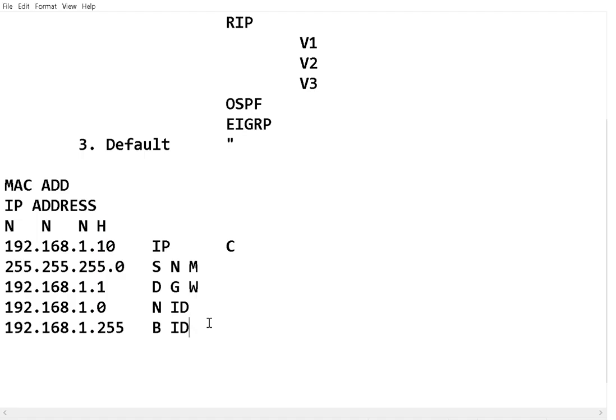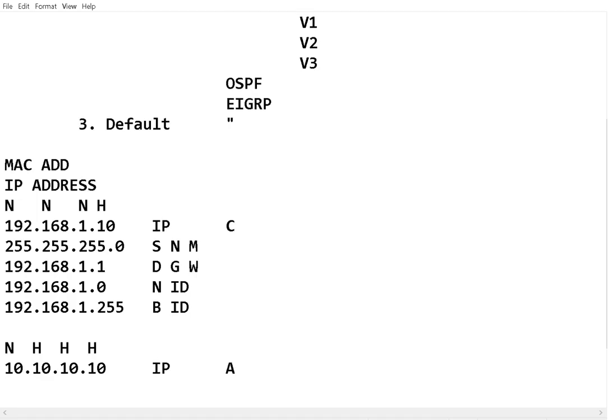Now tell me once again, last and final. 10.10.10.10. Which class? Class A. How many network portions and how many host portions? One network, three hosts. Right, very good. Subnet mask: 255.0.0.0.